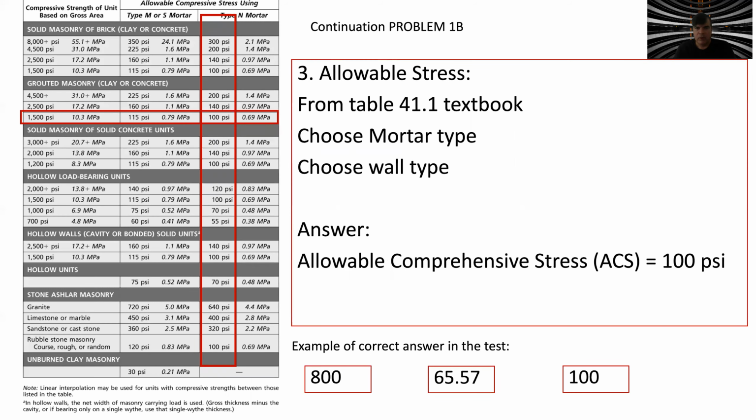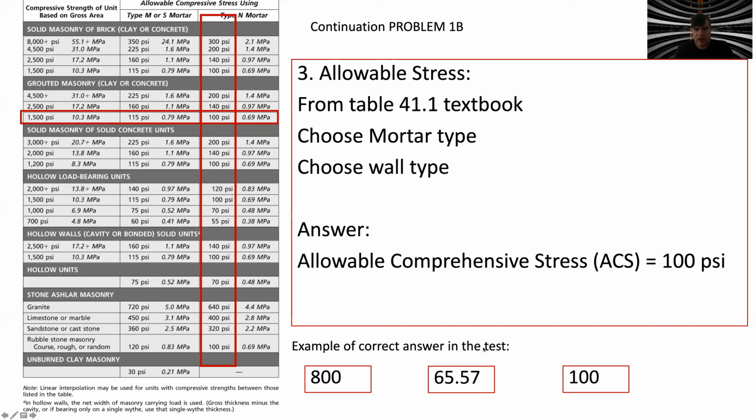Tier 1. Well, according with the mortar, it was N, as you remember. According with the wall, it is grout masonry, and it was 1,000 PSI. This is the row that we need, and this is the column. Answer 100 PSI. What happened here? We have a wall with a weight of 800 per linear foot.